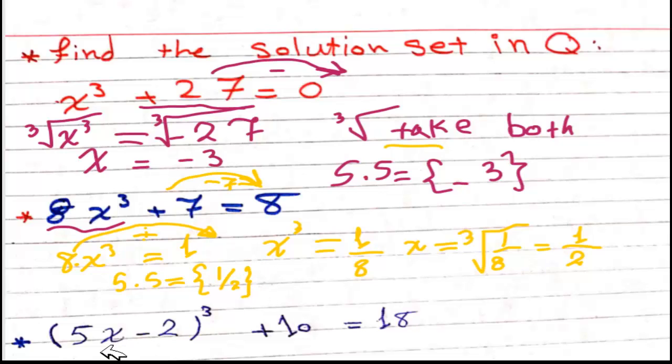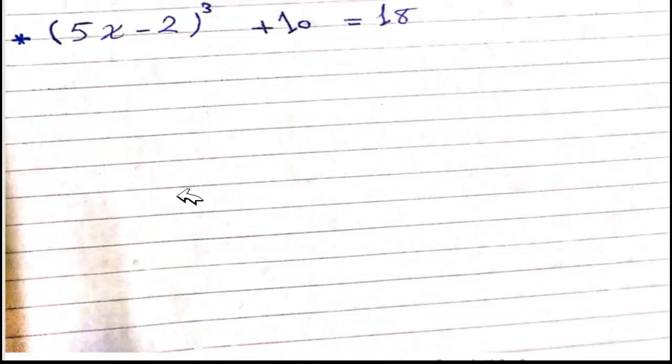Equation 3: 5x minus 2, all to the power 3, plus 10 equals 18. I will put all of this on the left side. Imagine all of this is any symbol.